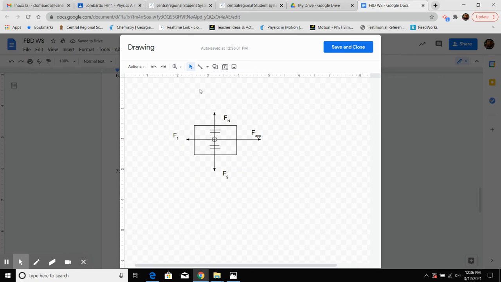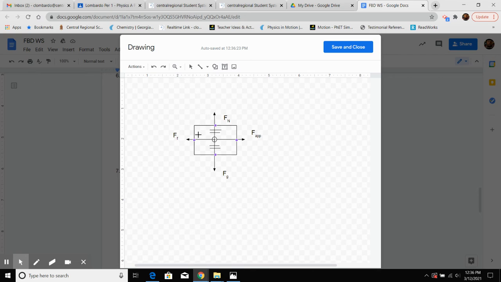So in which case, since this thing is moving at a constant velocity, the net force has to be equal to 0. So this applied force arrow, we're going to have to shrink this. It looks like it's about the same length as my friction force. Okay, that looks good enough.